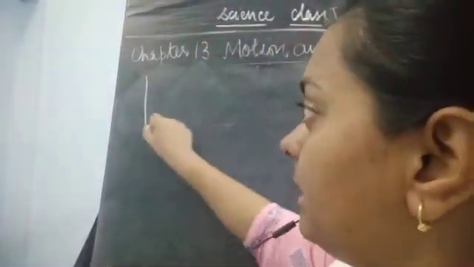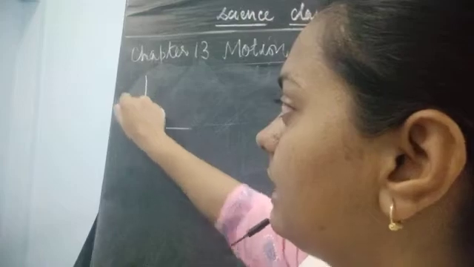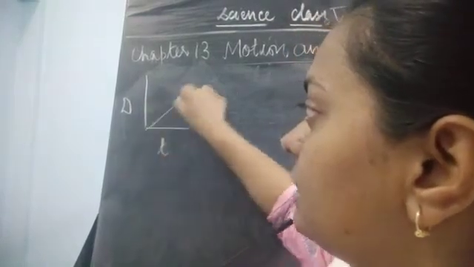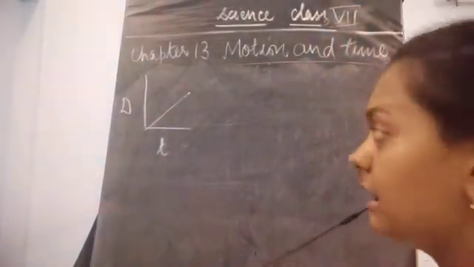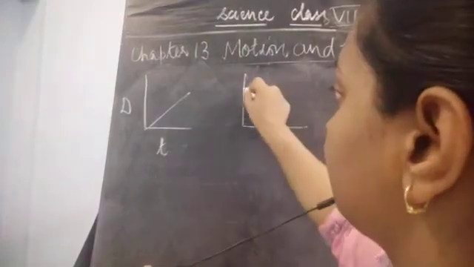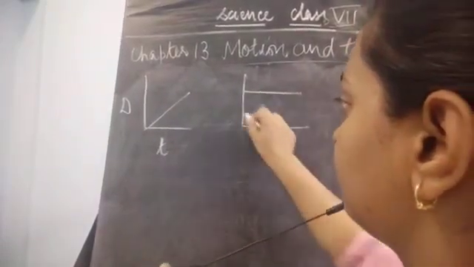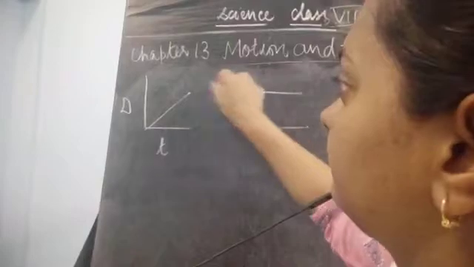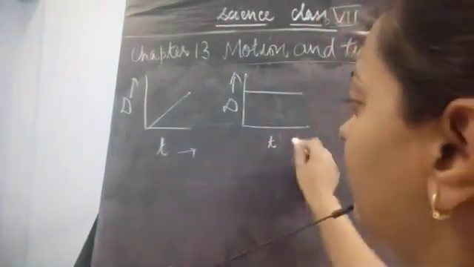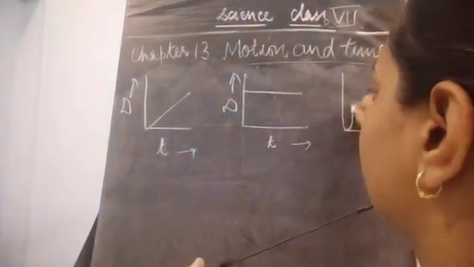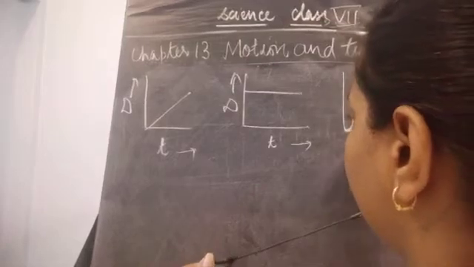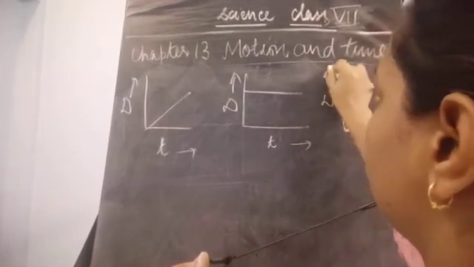So the first shape is if the distance time graph is having a straight line like this, and the second is a straight line parallel to the time axis, okay, and the third is a curved line like this.